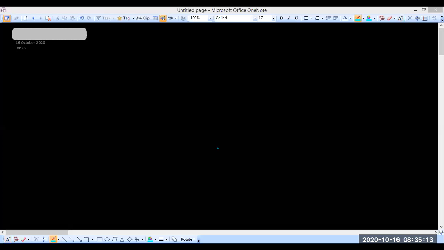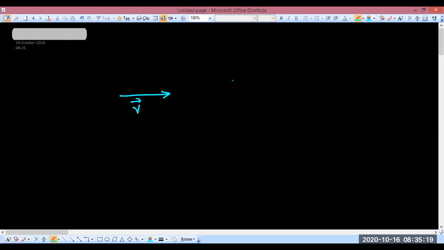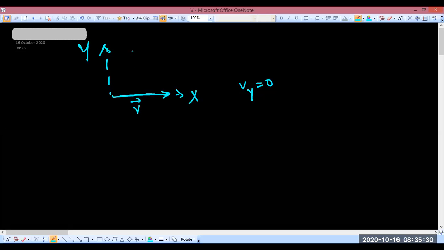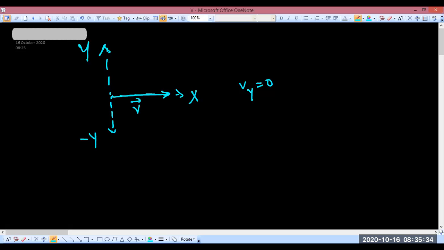Once again, what I was saying is that if you have got a horizontal vector like this, then it's got a y component as 0 because it is only in the x direction, not in the y direction. It is not up, not down, right? So it's only in the x direction. That's why vy is 0.